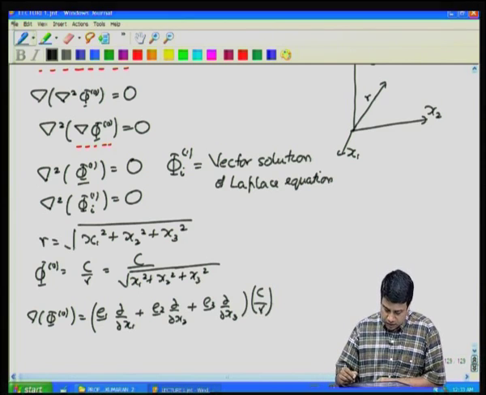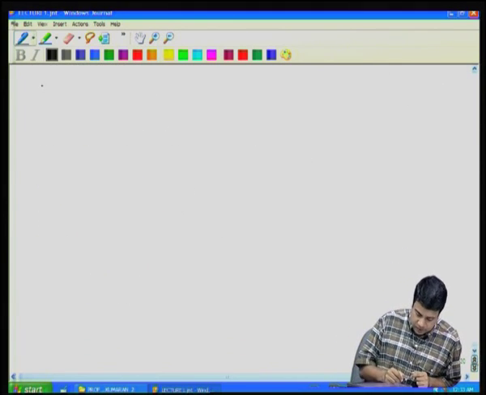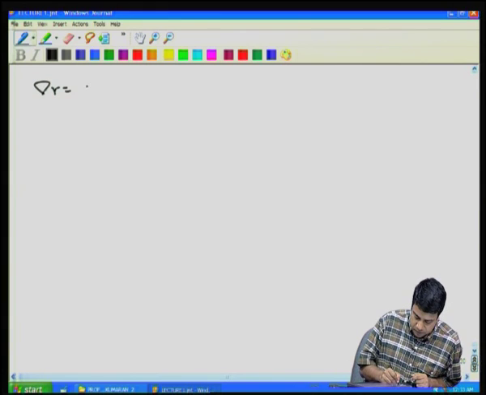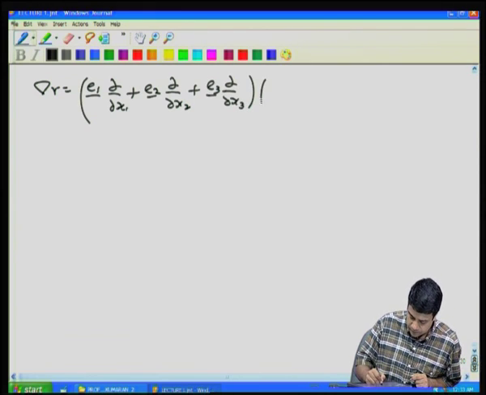For future use, we will just define the definition of the gradient itself. The gradient of r is equal to e1 d by dx1 plus e2 d by dx2 plus e3 d by dx3 of the square root of x1 square plus x2 square plus x3 square.